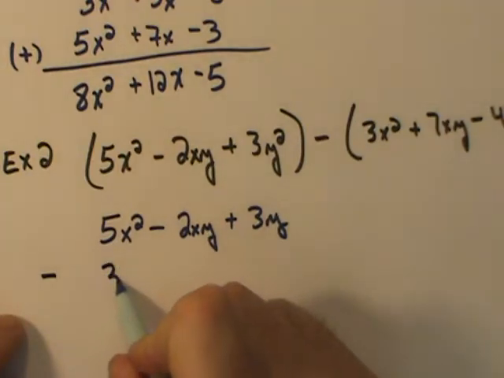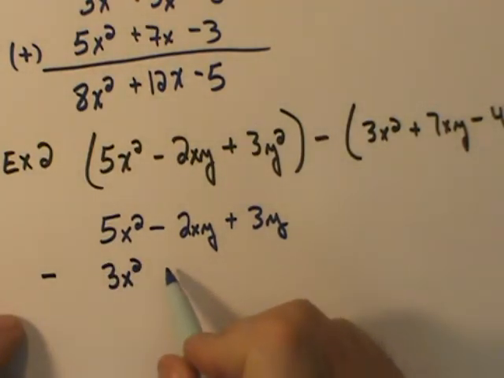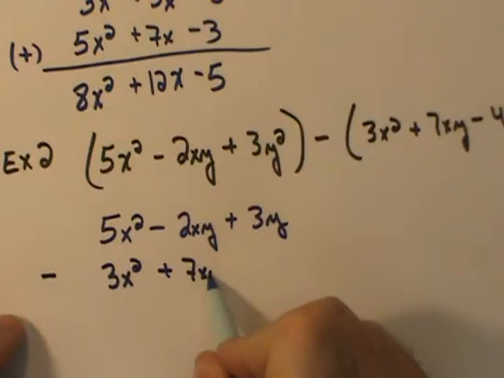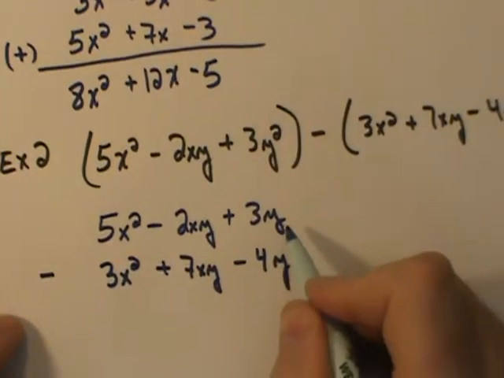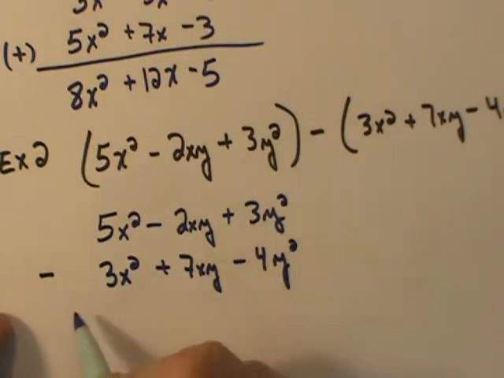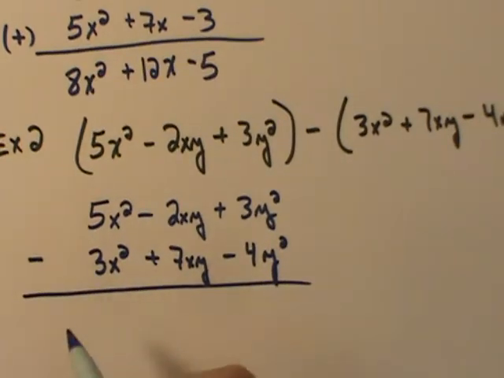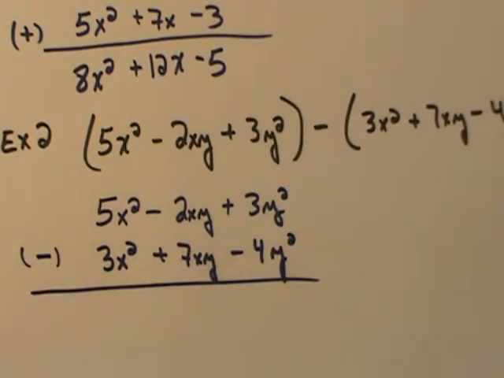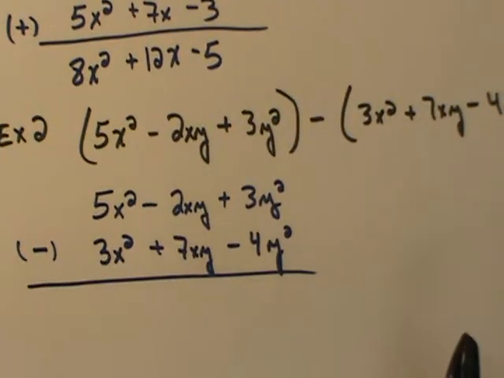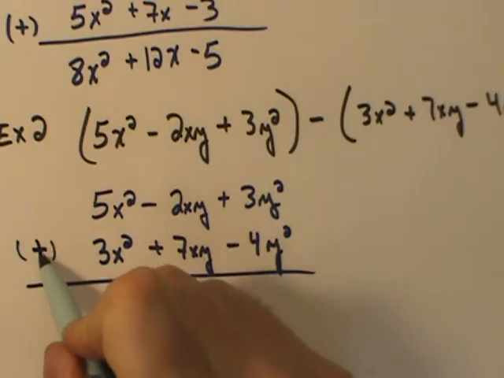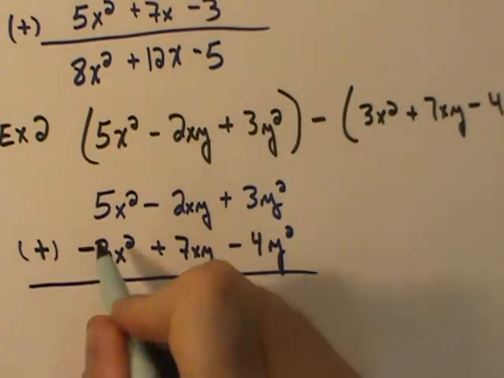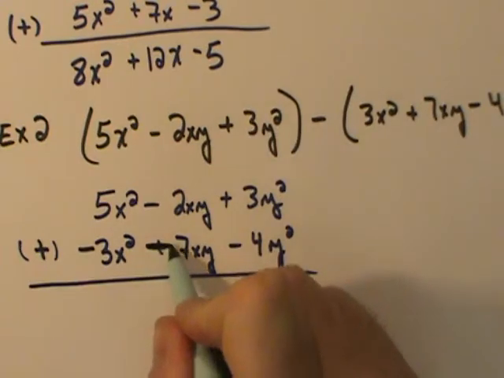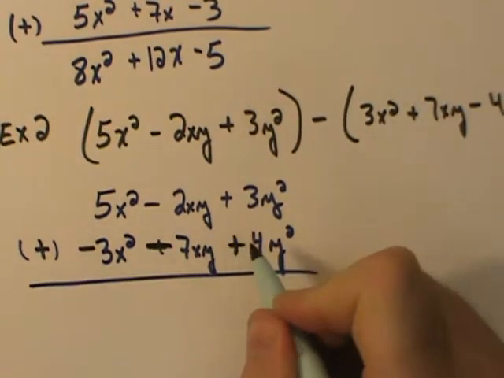In this case, it would be 3x squared plus 7xy minus 4y squared. Now, when you do subtraction, subtraction is the same as adding opposites. So what I'm going to do here is turn that to a plus, and change the sign of everything that follows. I'll call this a negative, call this a negative, and call this a positive.